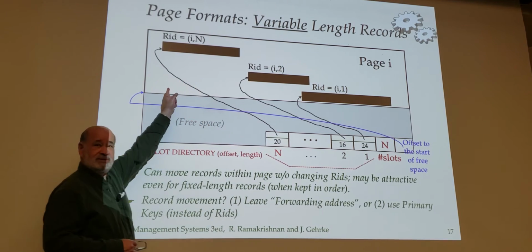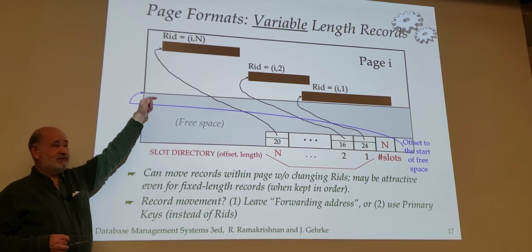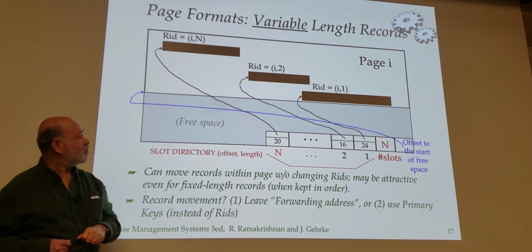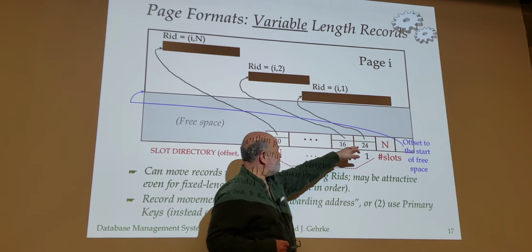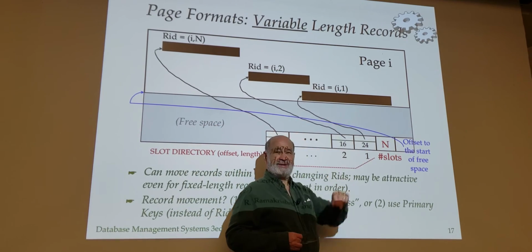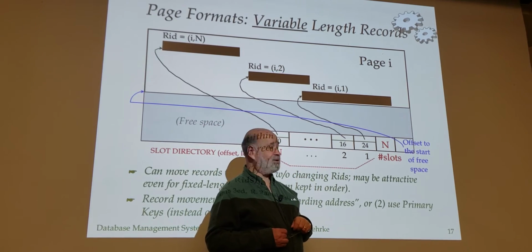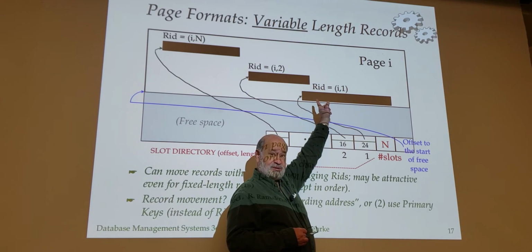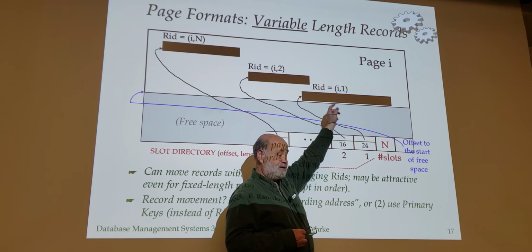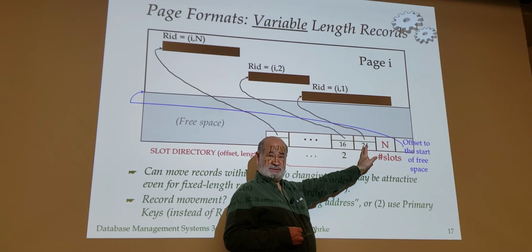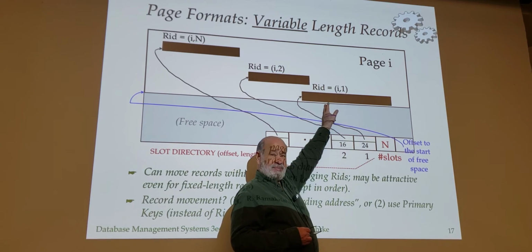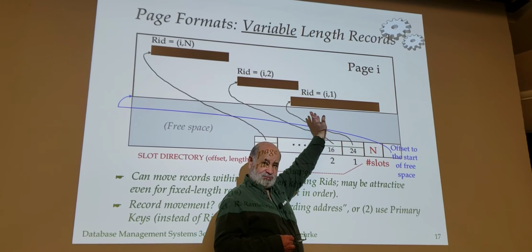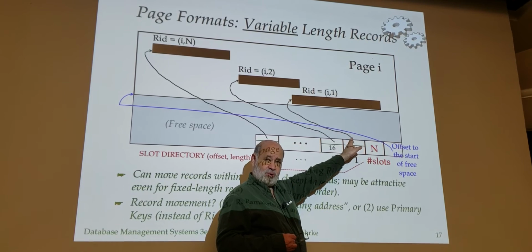It points to the record that corresponds to, oh, and sorry, this is number 1, I didn't follow the arrow properly. Here's the arrow for this. So if this is page I, then the record ID for this record is going to be I, 1. This is page I, so the record ID is page ID together with slot ID. Slot 1, length 24, that position there, it's going to be the record that has RID page I, slot position 1.